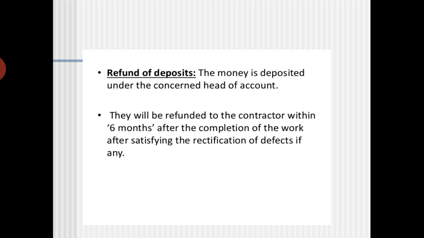Then if they are unable to complete it, they will come and verify the details on the ground itself. Then they will submit the report to the competent authority saying whether the quality is good or not. If the quality is good, what kind of things has to be made, or if the quality is not good, what can be improved. And directly it will go to the competent authority.